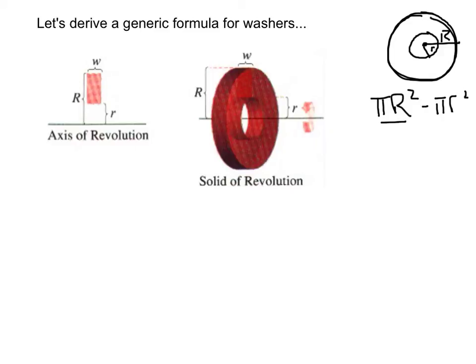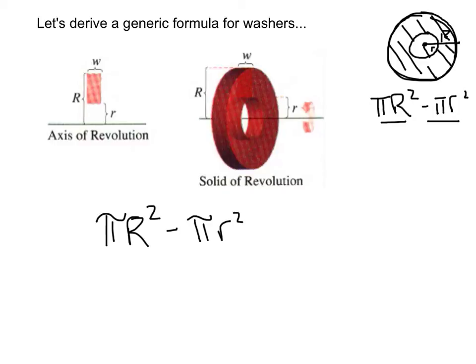The difference of those two circles would leave you with the space in between. That's exactly how we're going to go about tonight. So if you want to find the volume of this particular washer, it's going to be the area of the bigger outer circle, so pi capital R squared, minus the area of the little tiny inner circle.